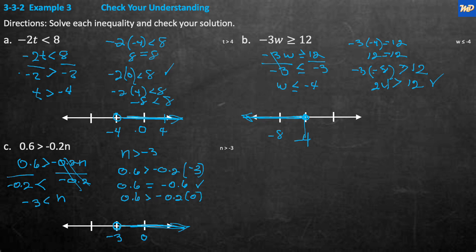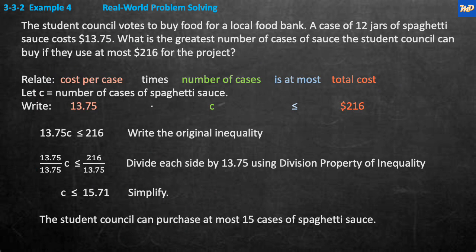This is 0, and is 0.6 greater than 0? Yes, it is. Solution. Okay, example 4, real-world problem solving here. The student council votes to buy food for a local food bank. A case of 12 jars of spaghetti sauce costs $13.75.